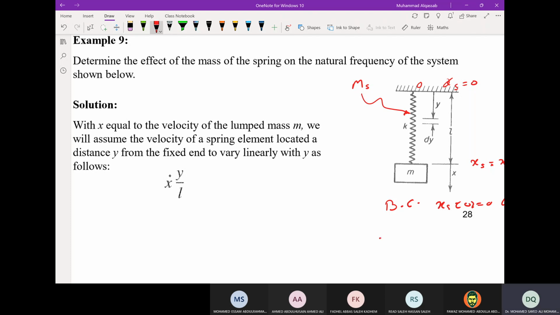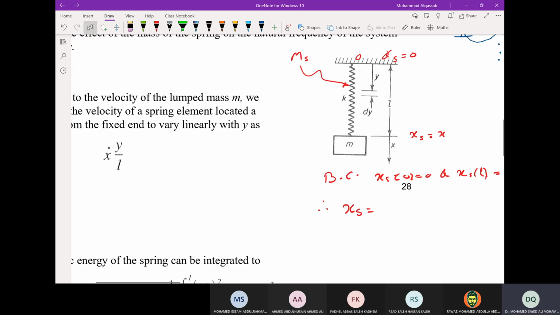So the spring displacement at any value of y is a linear relationship, which is xs equals x times y over L. This satisfies the boundary conditions. When y is 0, xs is 0, and when y equals L, xs equals x. And you can differentiate to get the velocity.